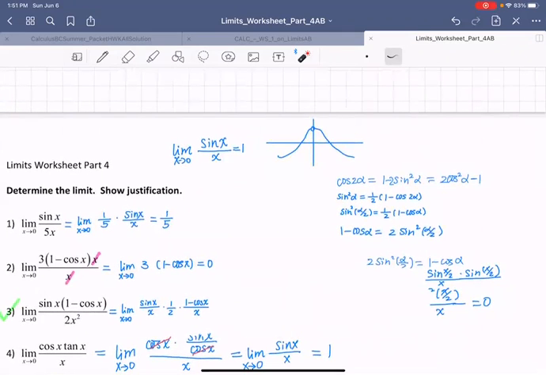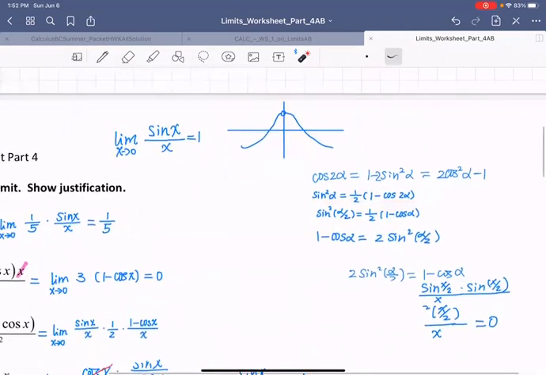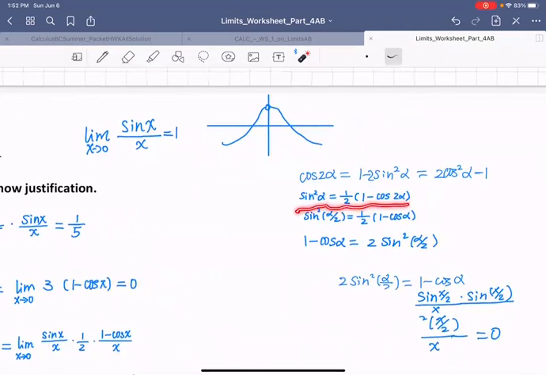Look at here, Olivia. Sine square alpha is 1/2 times 1 minus cosine 2 alpha. And then we can change everybody to the half. So if I do the half angle, sine square alpha over 2 equals 1/2 times 1 minus cosine alpha.